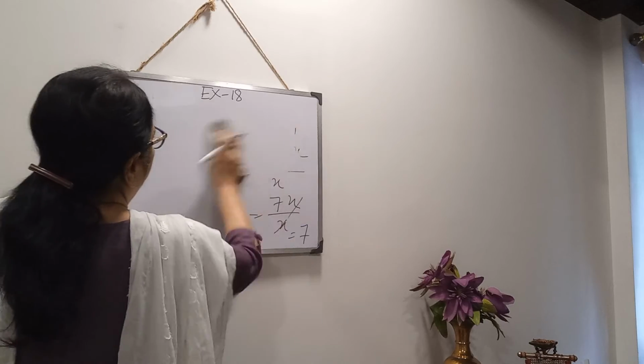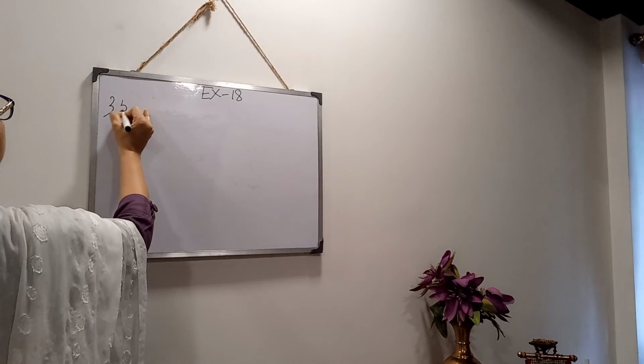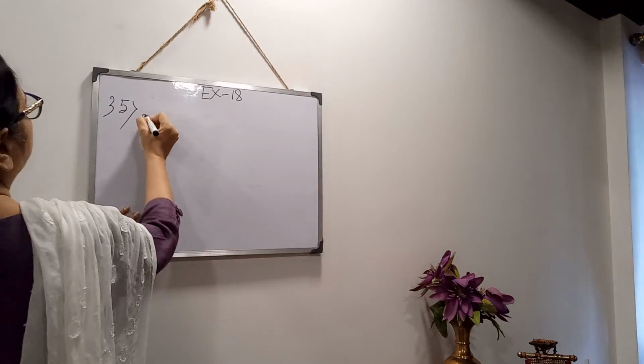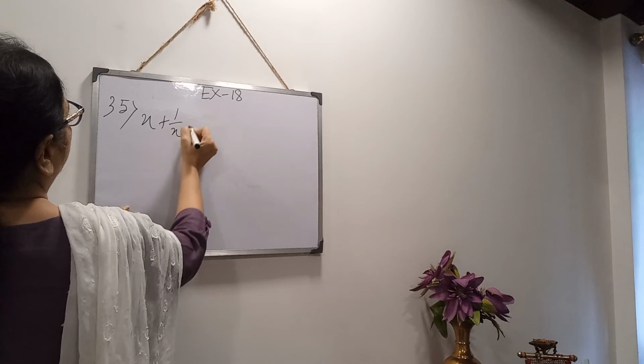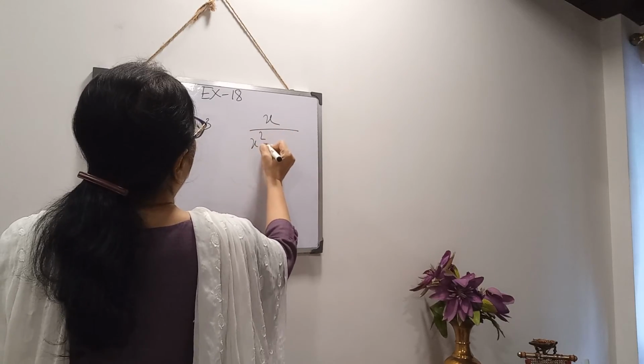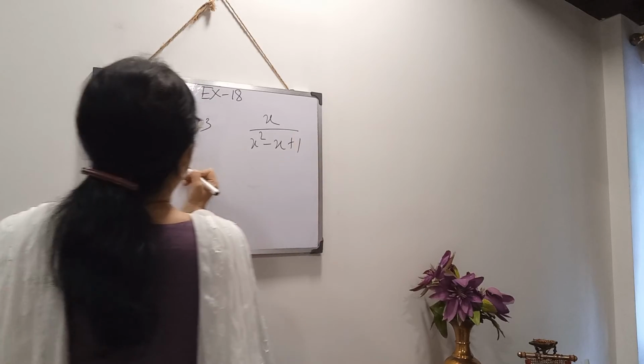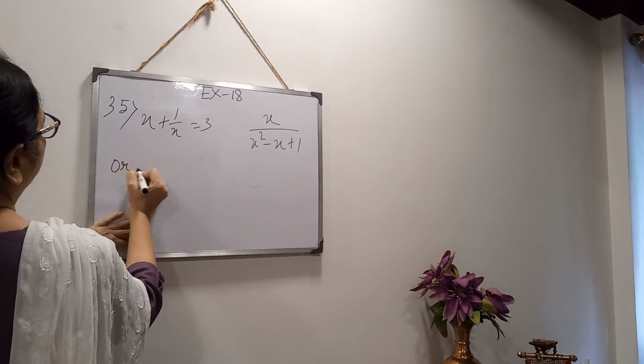35. x plus 1 by x equals 3. This you can do yourself also. Find the value of this. So what is given, from there you start.